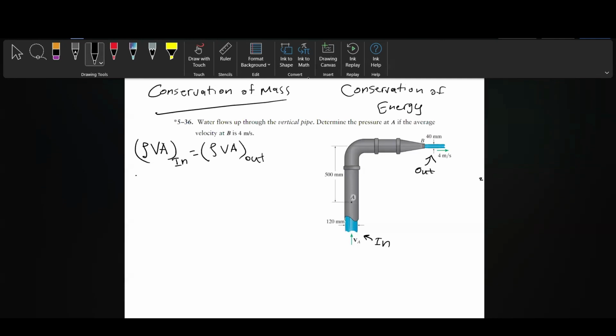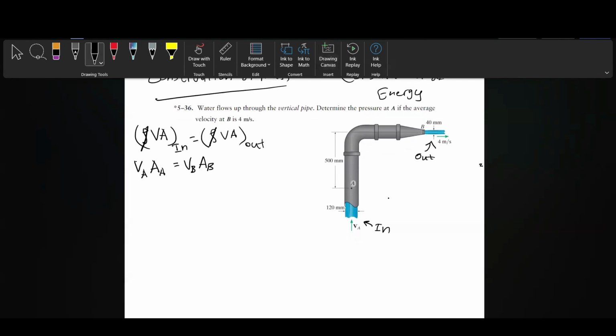We can simplify this more: our densities are the same, so we can cancel rho out. All we're left with is VA AA equals VB AB.